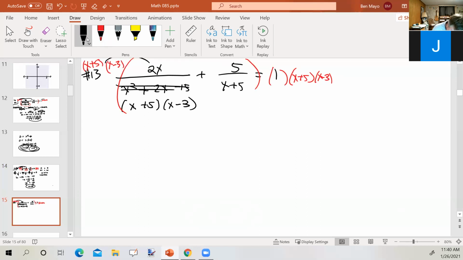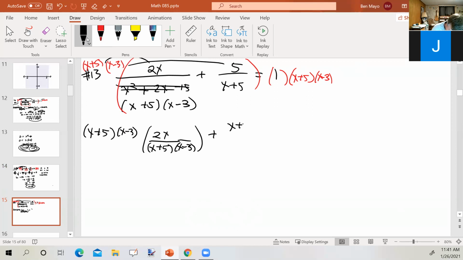Distributing, I'm going to get x plus 5 times x minus 3 times 2x over x plus 5 times x minus 3, plus x plus 5 times x minus 3 times 5 over x plus 5 equals x plus 5 times x minus 3.